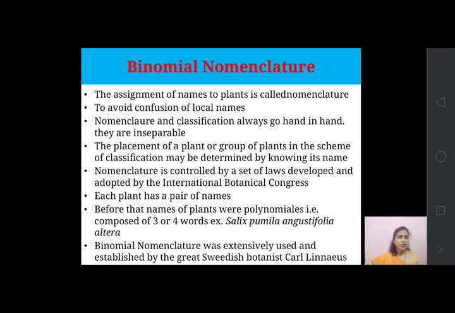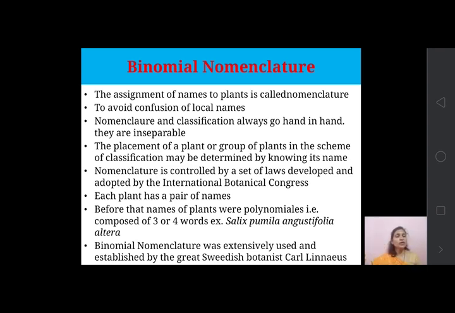It is very tedious and difficult to remember and to deal with the related plant. So this polynomial nomenclature system failed; it is not practically applicable. That's why the binomial nomenclature system was then extensively used and established by the great Swedish botanist Carl Linnaeus.